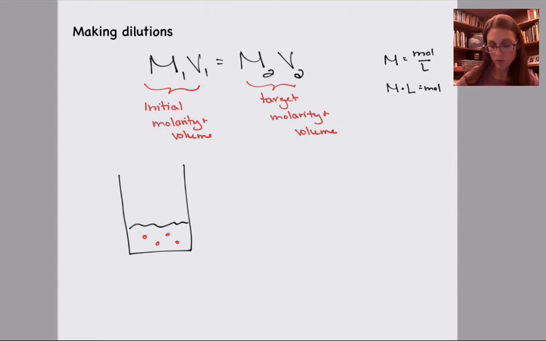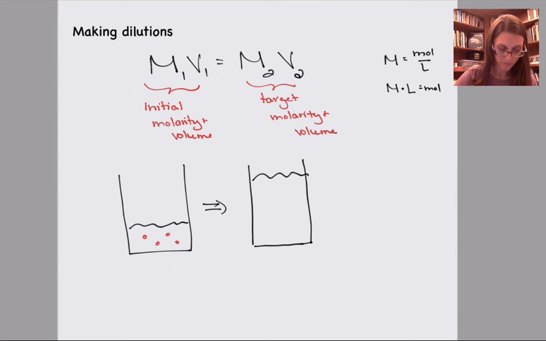And then to this, you add water or solvent of choice, but we're going to use water. If all you've added is water, then that dilution doesn't change the number of particles of the solute that is in the solution. The moles stays the same.